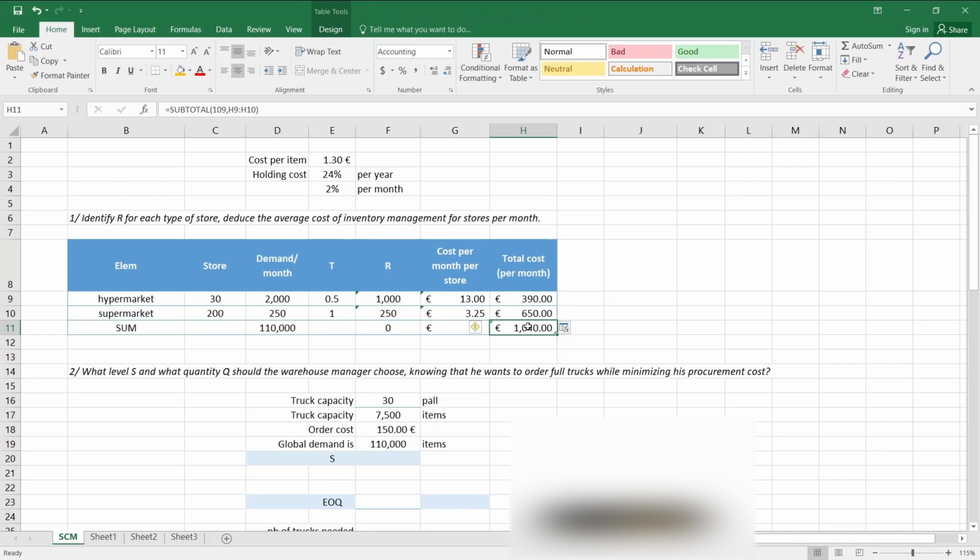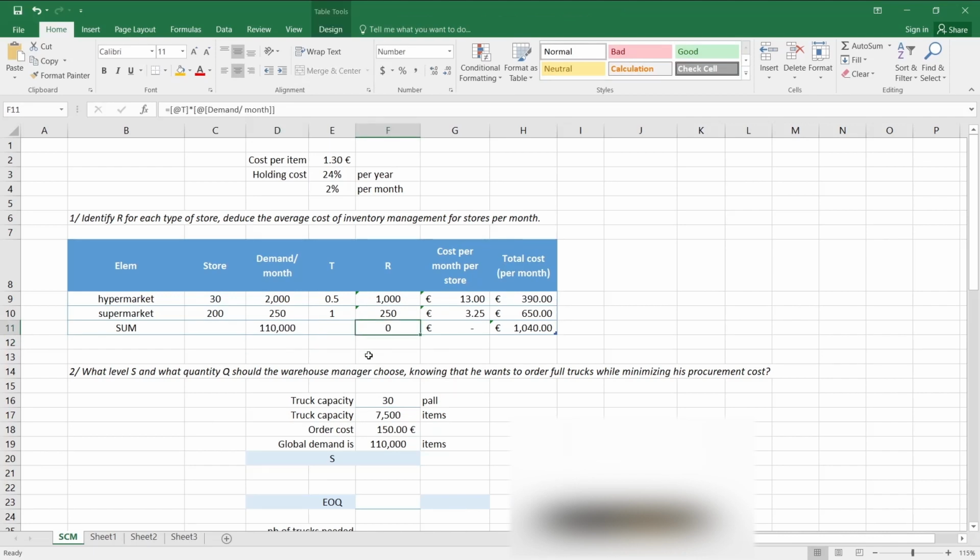So here we have a total cost per month of 1,040 euro for all the 230 stores that we need, in which we are basically storing our goods, for a total monthly demand of 110,000 items. And this 110,000 items is simply the sum product of the number of stores multiplied by the monthly demand.